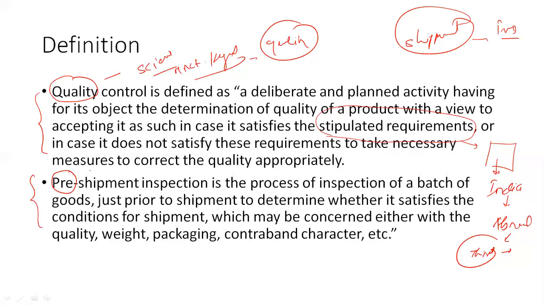Pre-shipment inspection is the process of inspecting a batch of goods just prior to a shipment to determine whether it satisfies the conditions of shipment, which may be concerned with quality, which is most important, weight, packaging, and contraband characters.